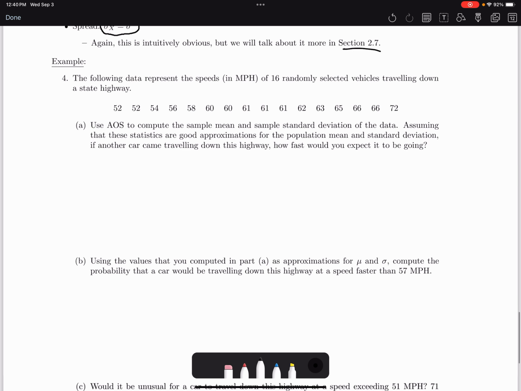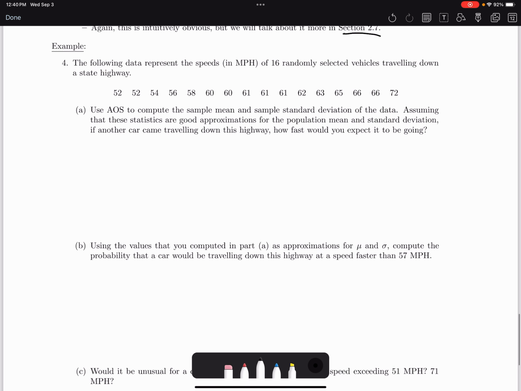So let's take a look at one last example. This time we have some data. It says the following data represent the speeds in miles per hour of 16 randomly selected vehicles traveling down a state highway. Part A says use Art of Stat to compute the sample mean and sample standard deviation of the data. It's been a while since we've done that, but shouldn't be too hard.